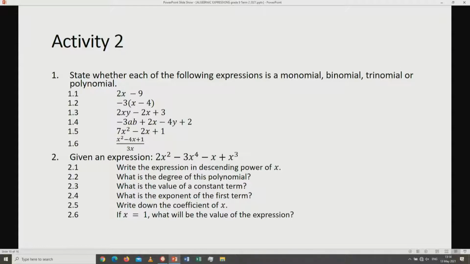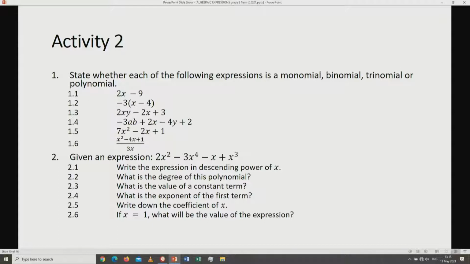Number 2, what is the degree of this polynomial? What is the value of the constant term? What is the exponent of the first term? Write down the coefficient of x. And then the last one: if x is equal to 1, what will be the value of the expression?